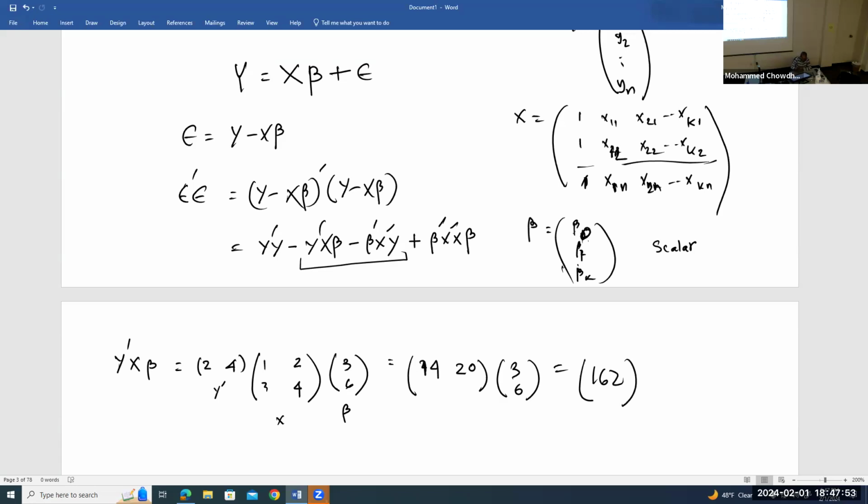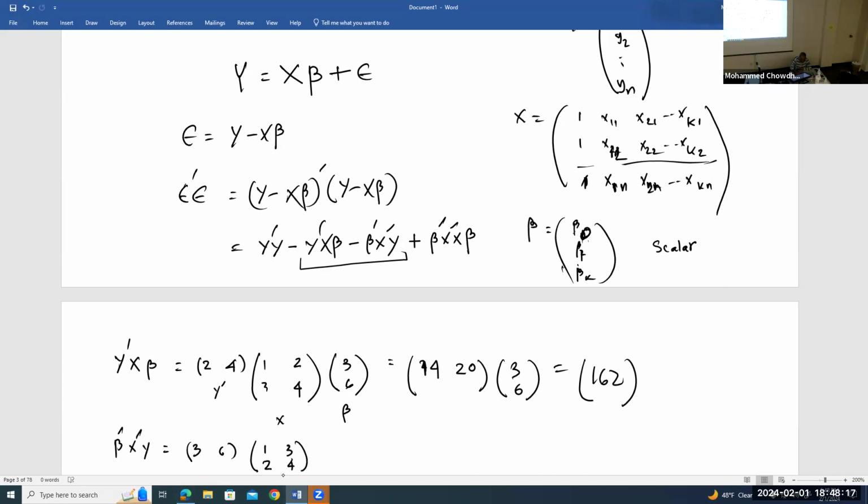Now let us do it in another way. Beta prime, x prime, y. So beta prime equal to what? 3 and 6. Here it is a column matrix. Now beta prime will be a row matrix. Okay, come in there. X, so 1 and 2, 3 and 4.